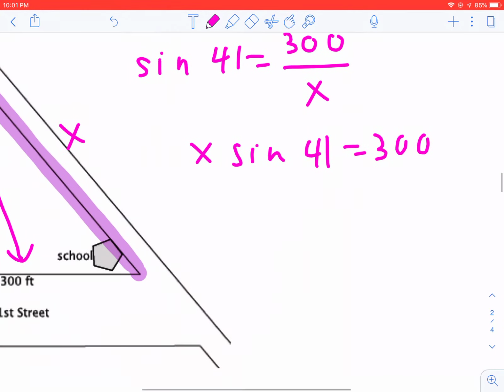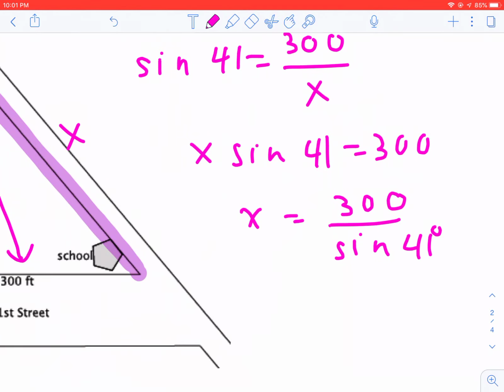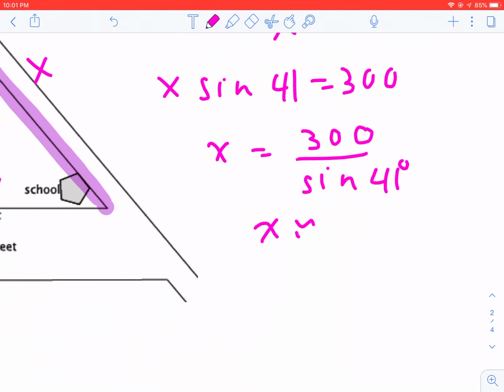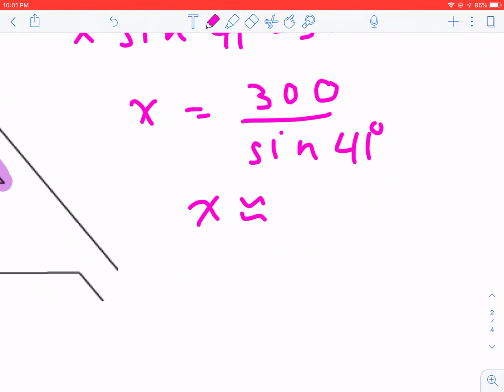So solving for this one, it's a little different. We're going to divide by sine of 41 degrees, and that's going to give us the length of x. So 300 divided by sine 41, and that's 457 feet approximately after rounding.